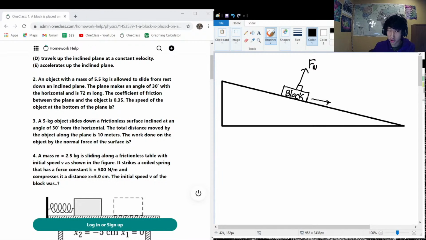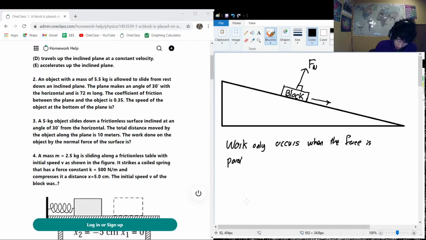There is no work done by the normal force, because work only occurs when the force is parallel to the direction of travel.